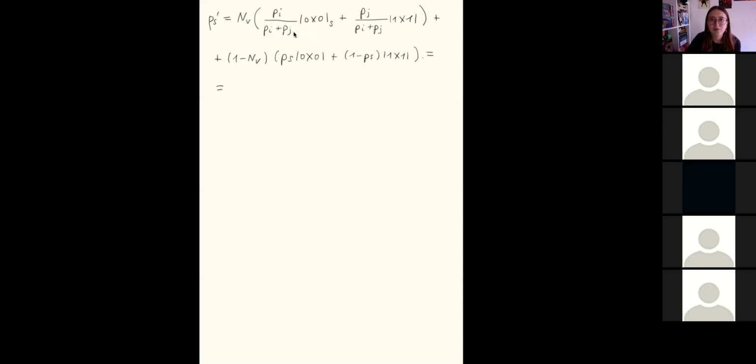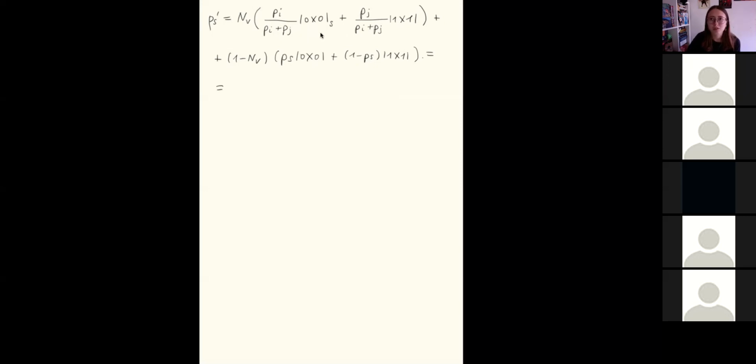You can write here NV, but I wrote this term in the brackets because it constitutes a valid density matrix. Moreover, it constitutes a thermal state for the temperature of the virtual qubit.